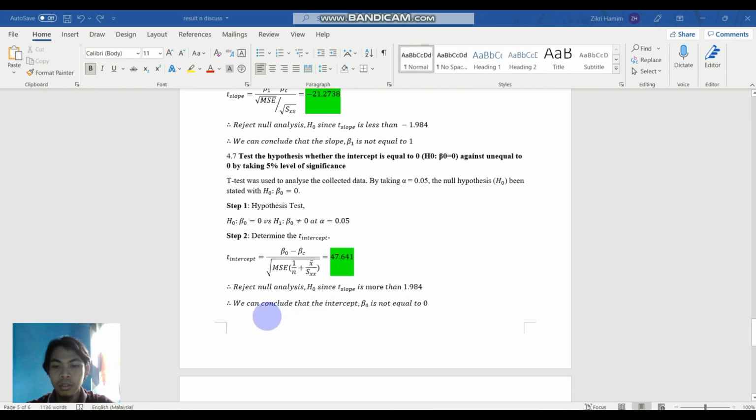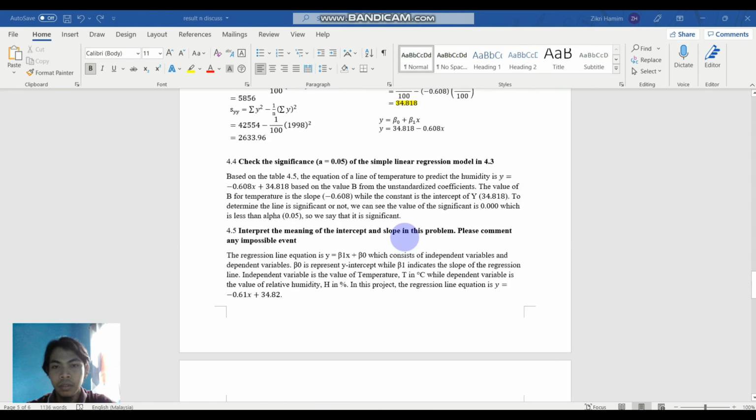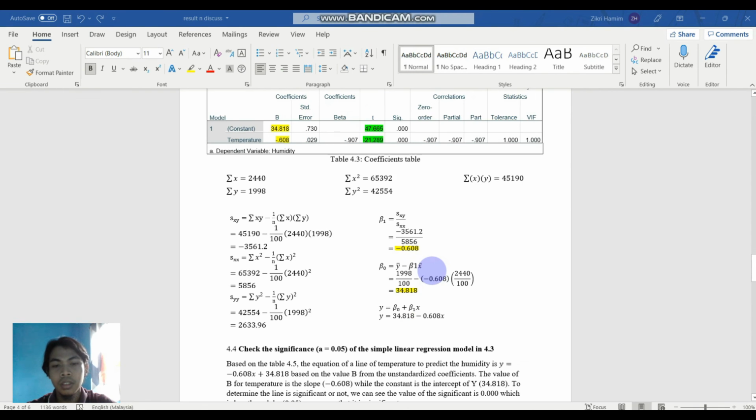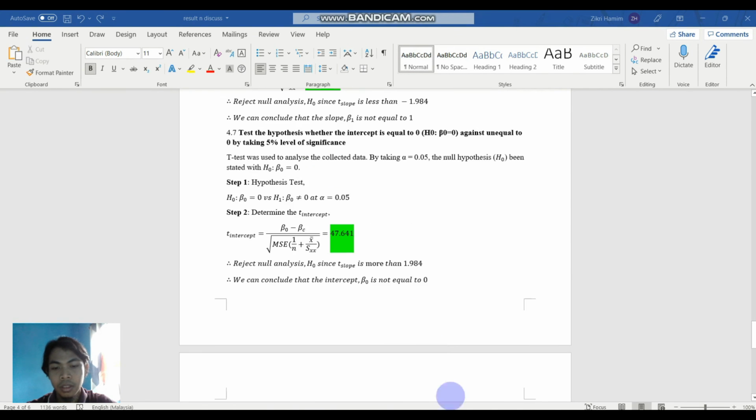By that, we can conclude that the intercept B0 is not equal to 0. Actually, for the value for the t-slope and the t-intercept, we can refer to the coefficient table here for the t value. So we can see that the value is almost equivalent. Maybe it is due to the small error in calculation or on the usage of the decimal.